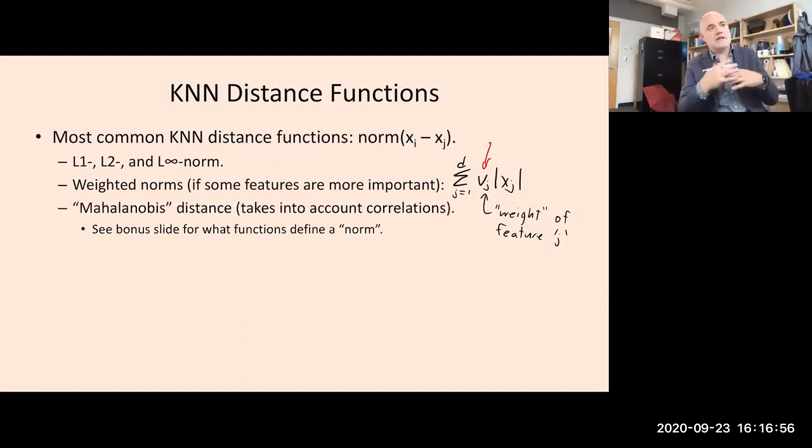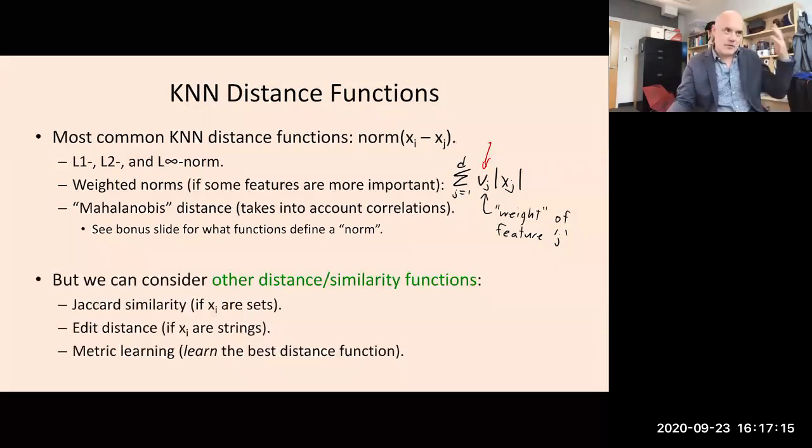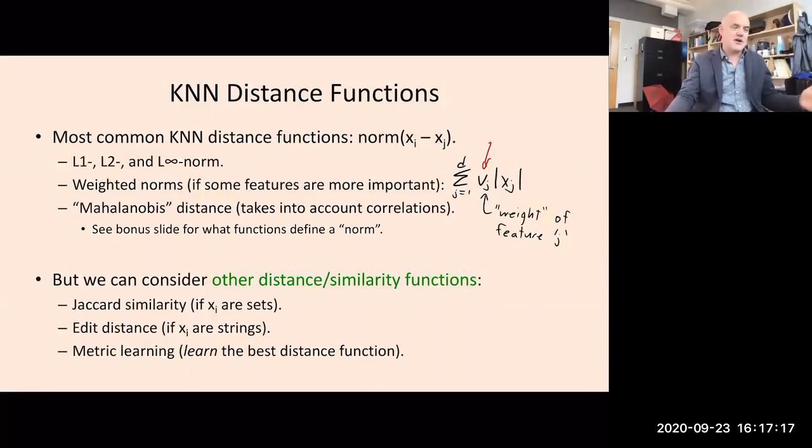So if you have a weight for each feature dimension, you can have some kind of weighted norm. There are also ways to take into account correlations between features. In other words, if you compute the covariance matrix between all of your features and use that when computing distances between vectors, the Mahalanobis distance is the way you do this, right? And we already hinted, because I couldn't remember the Jaccard index or Jaccard similarity before, intersection over union of sets.